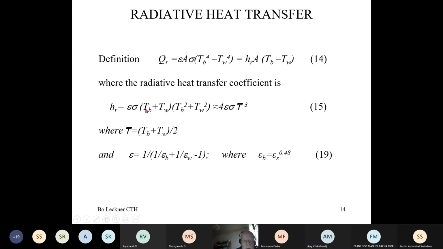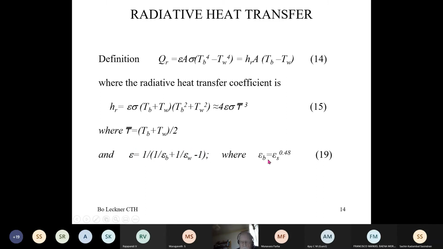It depends on the emissivities and on temperature, and if I make some coarse approximation, it is obviously related to temperature to the third power. Otherwise, heat transfer coefficients may not be related to temperature. Then the emissivity is the emissivity between the bed and the wall that is receiving the heat. And this formula is also a classical formula in radiative heat transfer, so you can find it in any book.